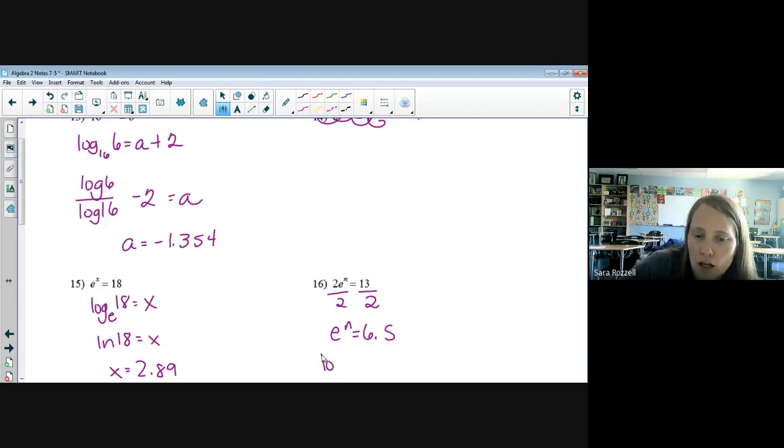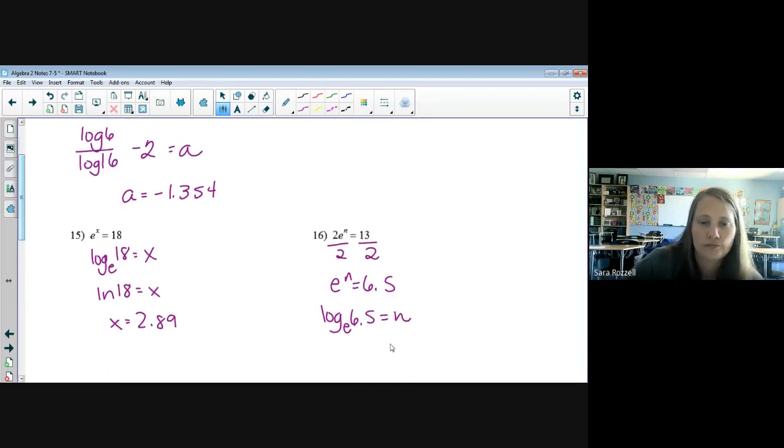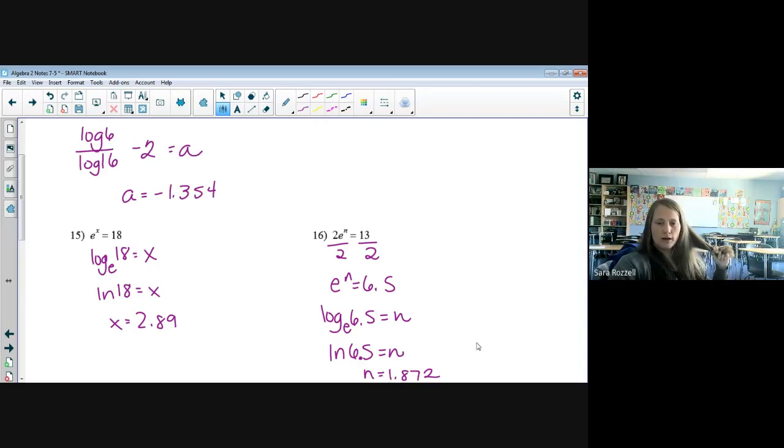So it'll be log base e of 6.5 is equal to n. And what is log base e the same as? Natural log, or ln. Natural log of 6.5 is equal to n. And we can evaluate that. So n is 1.872.